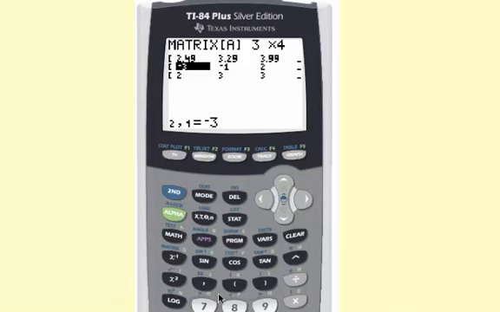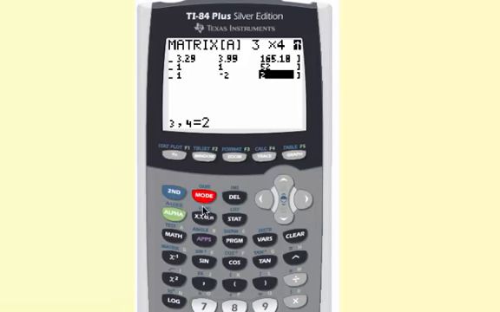That's the first equation. Second one is 1, 1, 1, and then 52 for the second row. And we have 0, 1, negative 2, 2. Okay, and you always want to double check these entries, make sure you enter them in correctly.